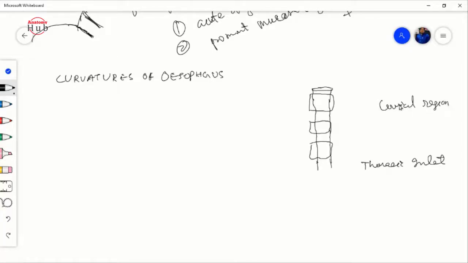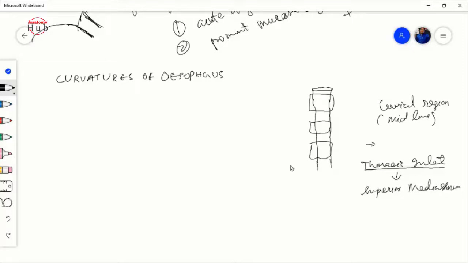So the cervical region starts at the midline, then it inclines towards the left from the midline, then it enters through the thoracic inlet into the superior mediastinum.